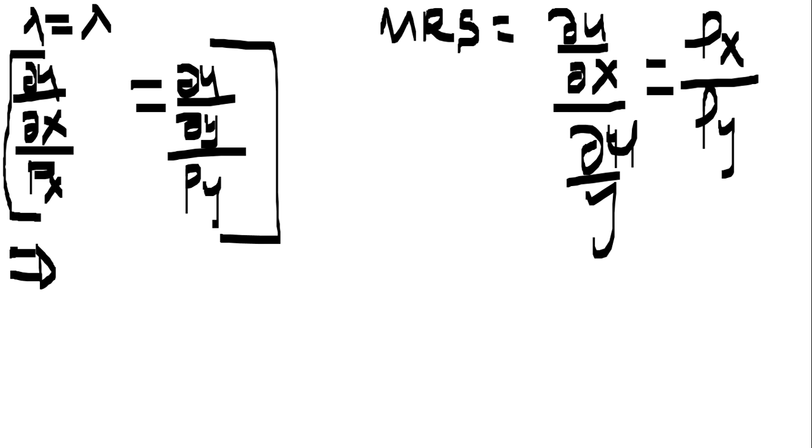So when you reach the stage where you have partial of u over partial of x divided by the price of x is equal to partial of u over partial of y divided by the price of y.